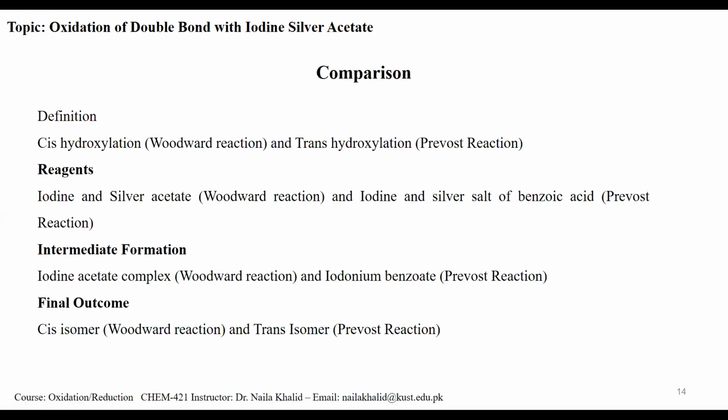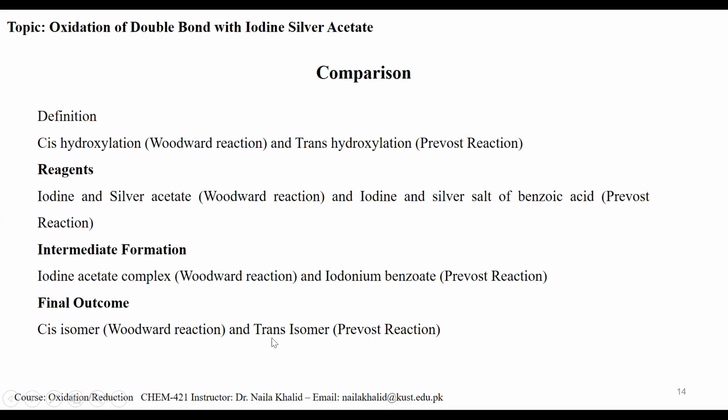You can compare both processes by comparing their names. Woodward reaction, Prevost reaction. Woodward reaction is actually cis hydroxylation, cis diol is formed. Trans diol is formed in the case of the Prevost reaction. Woodward reaction is about iodine and silver acetate in wet conditions, whereas Prevost is dry conditions with benzoic acid.